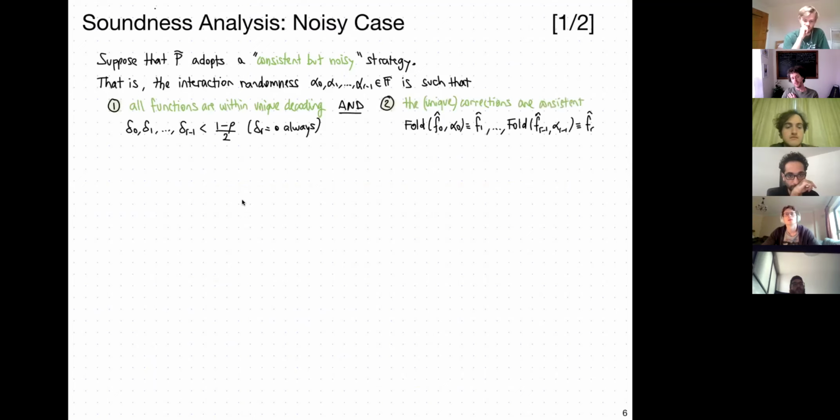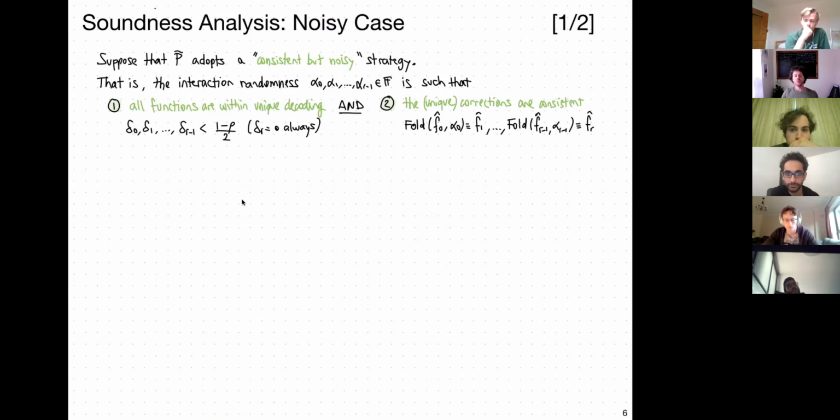The second part is that, the moment all of the polynomials are within unique decoding, we have these correction polynomials, these f hats. So we can look at all of the functions the prover sent and look at all of their corrections. These corrections are actually folding of each other, right? So that's the idea. This is a prover which tries to cheat by adding noise.